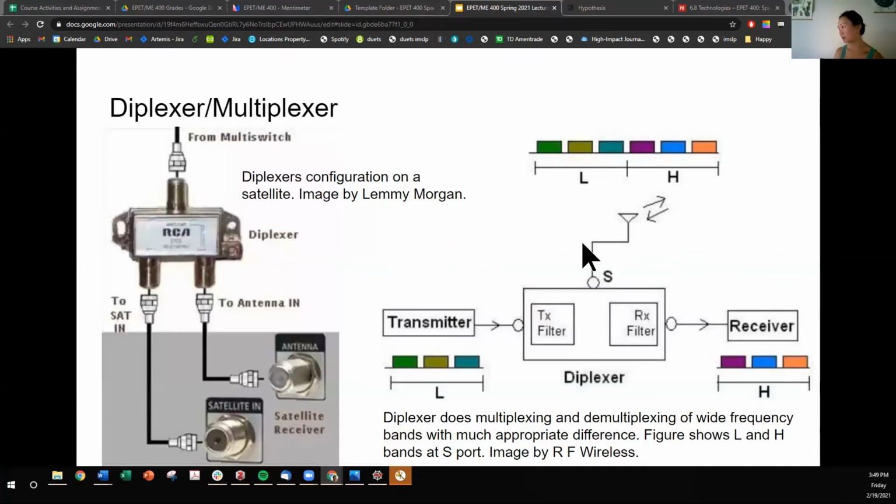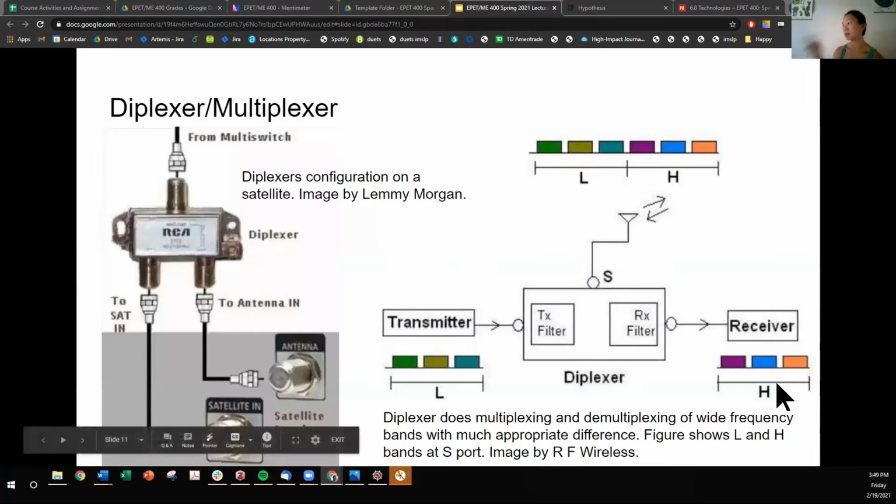This is an antenna symbol. And then the diplexer separates out the low and the high frequency. So it does that filtering. It handles the toggling of the two frequencies.